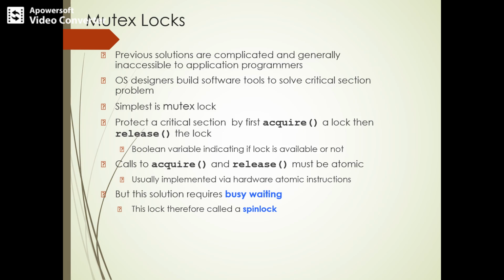In this critical region they may be writing data to memory, reading data from the memory, and this critical region is an area of the process which is very sensitive to inter-process complications. After this, the process can release that particular lock, and there is a solution called busy waiting, and this lock therefore is called a spin lock.